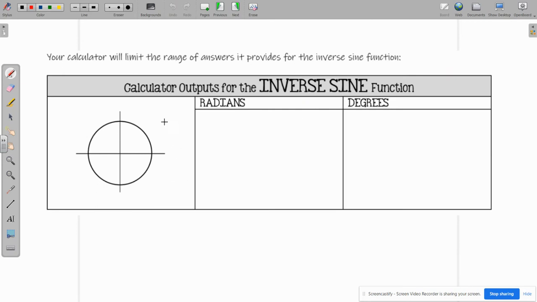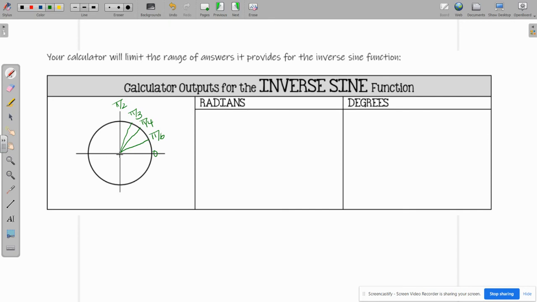Think about your unit circle. If I lay out all of these angles over here, so for instance, pi over 6, pi over 4, pi over 3, and even pi over 2, and then also at 0 radians, all of these angles have unique sines.